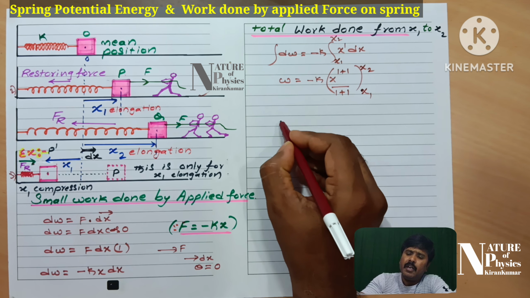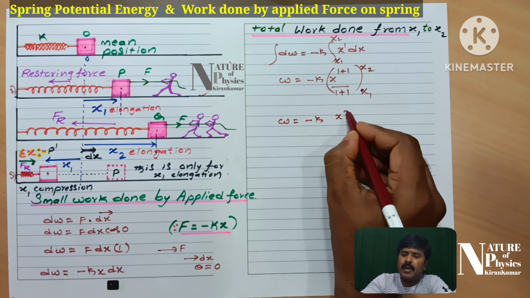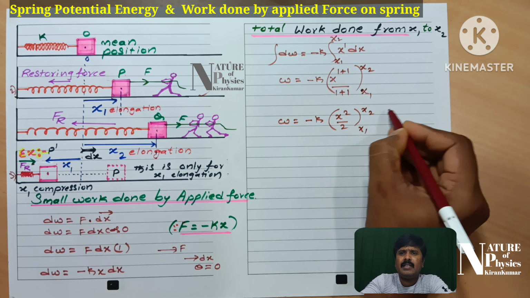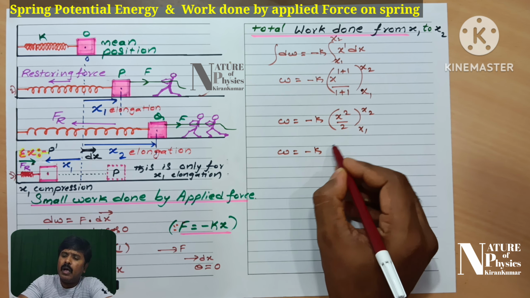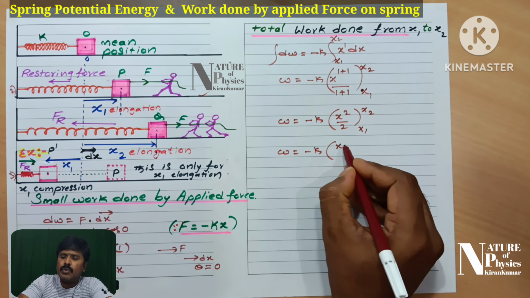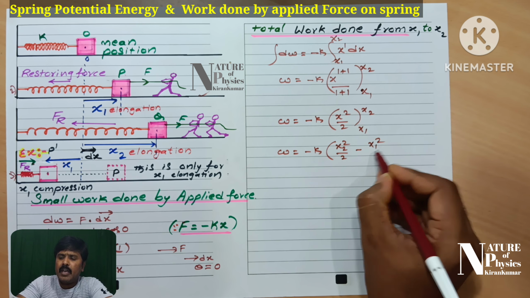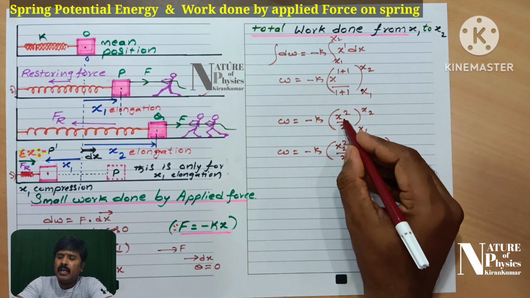So W is equal to minus k into x square divided by 2, lower limit x1 and upper limit x2. So W is equal to minus k into x2 square by 2 minus x1 square by 2.